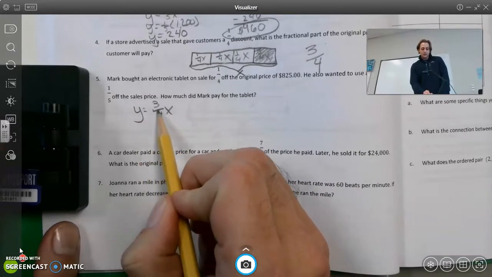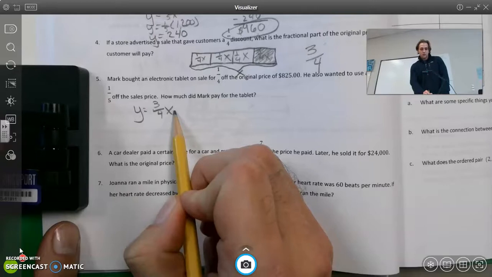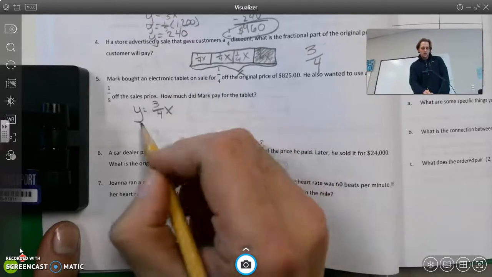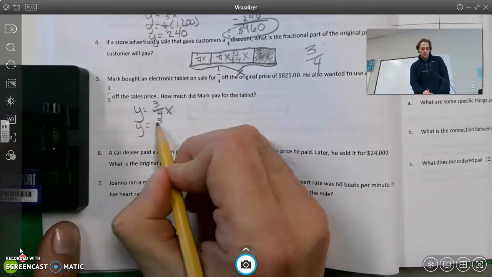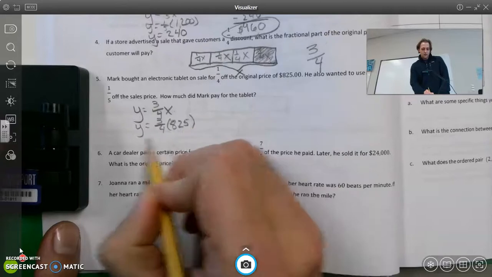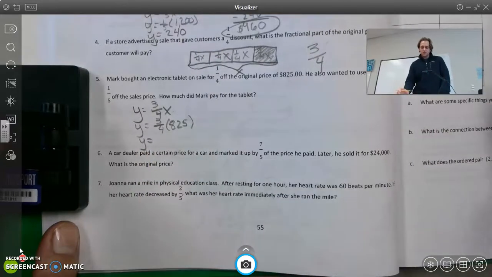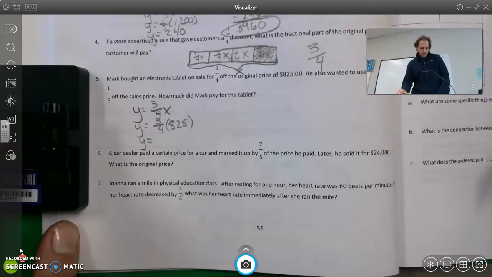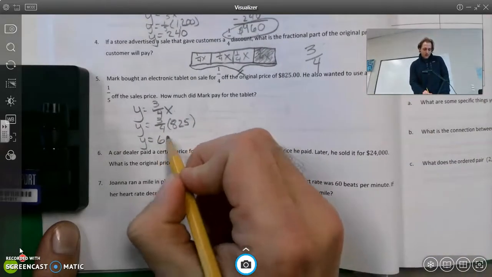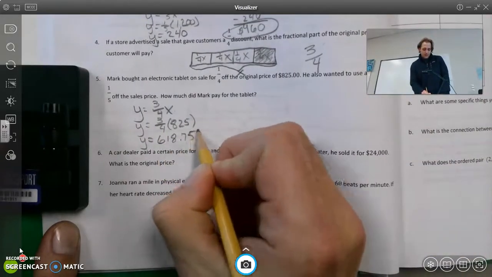So the new price is 3/4 of the original price because we're taking 1/4 of the original price away. So Y equals 3/4 of $825, and that means our new price would be $825 times 3 divided by 4, and it would be $618.75. That's the new price.